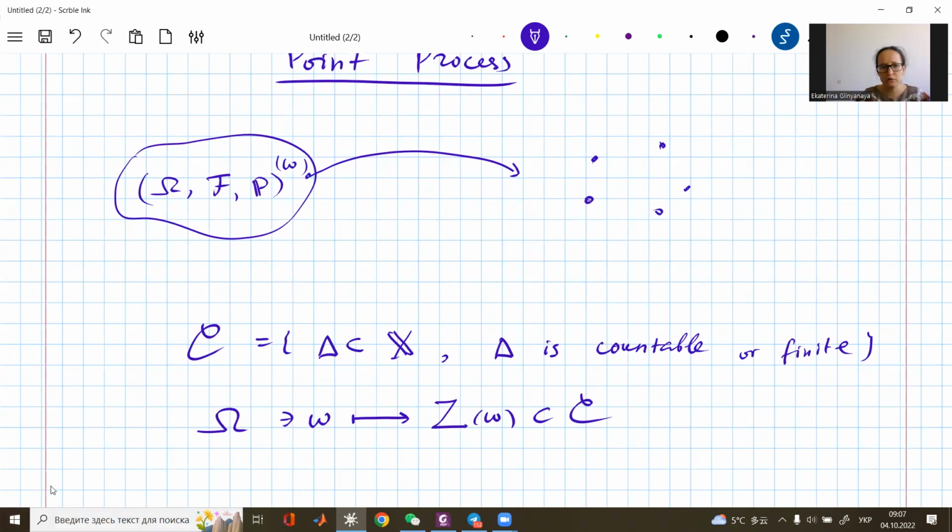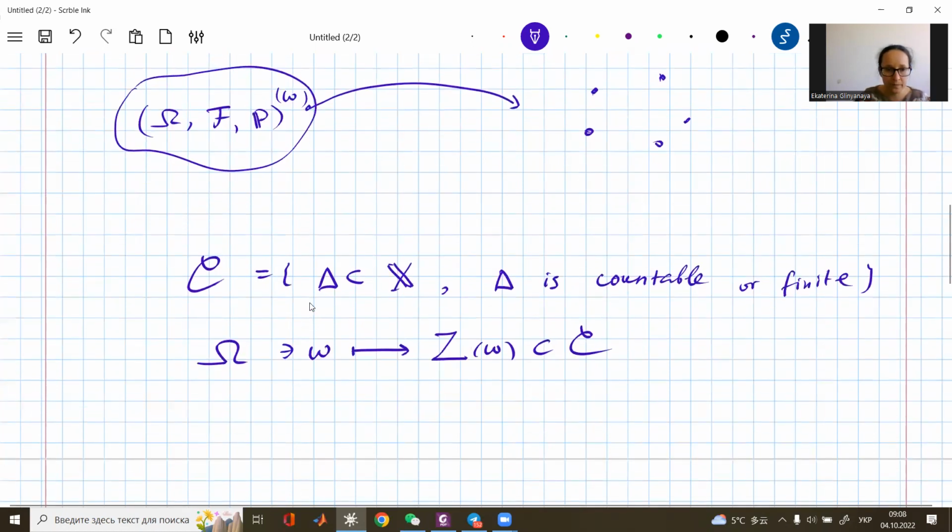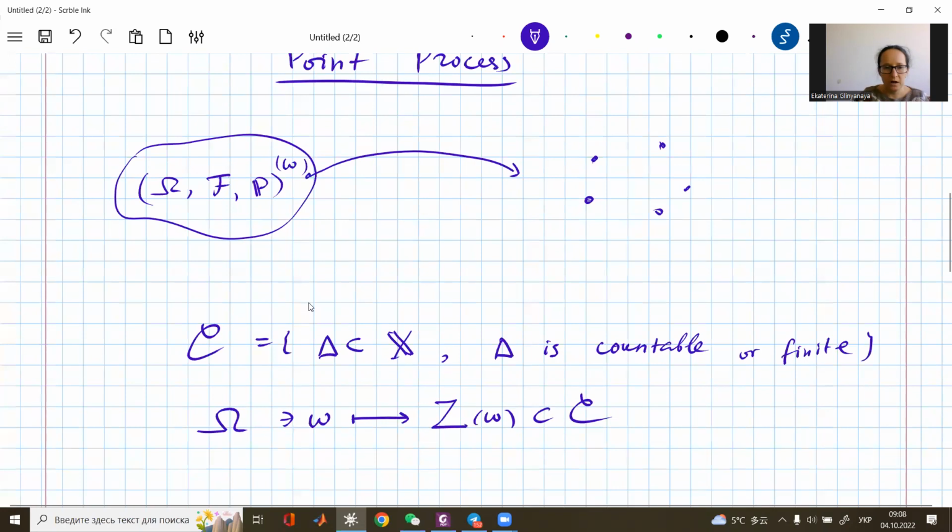So we should somehow define a sigma field in this set C. But it turns out that we can find a more fruitful approach in order to describe a point process.